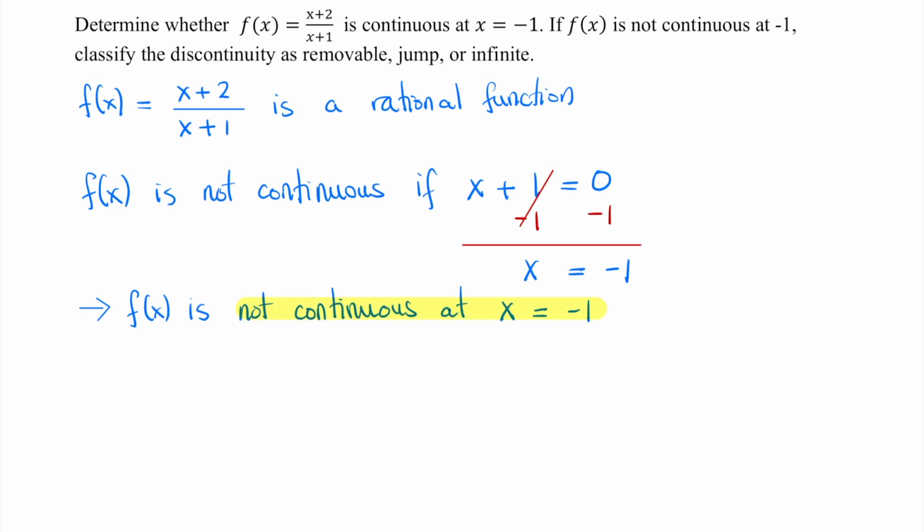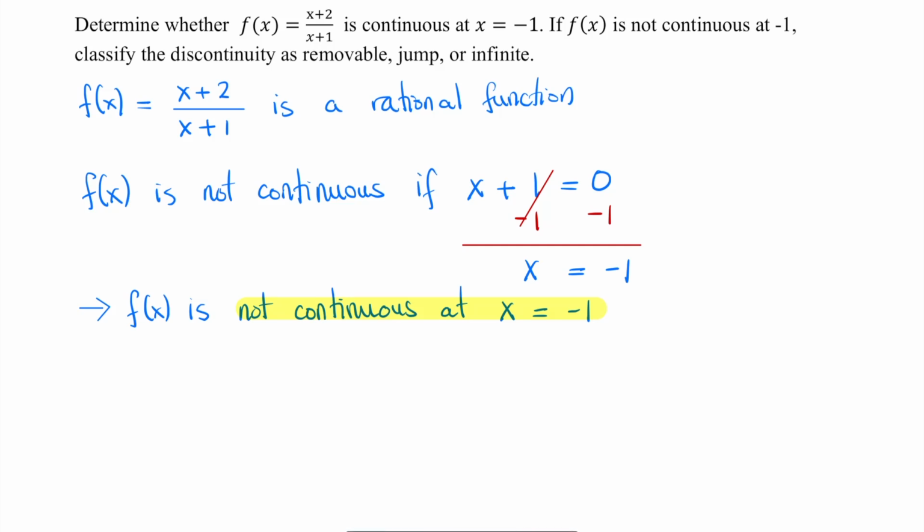Now, we need to classify the discontinuity. In order to check if the discontinuity is removable or not, we need to simplify the function. The numerator cannot be factored any further. The denominator cannot be factored any further. That means there's nothing to cancel out.